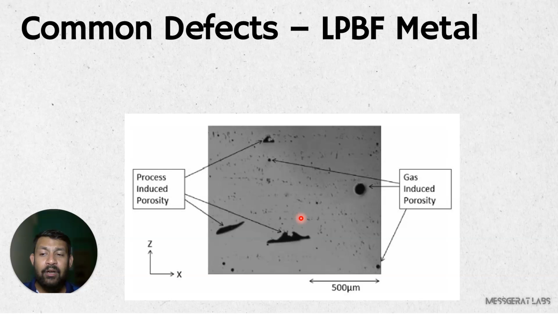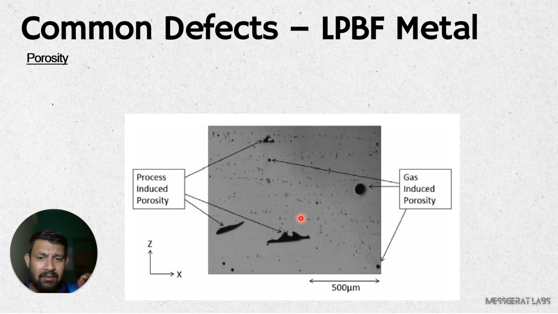Now, when we talk about LPBF of metal, again, the reason for defects here is the same: improper cooling or excessive heating or high thermal stresses, but the end effect might be completely different. So what happens in laser powder bed fusion of metal, or we can say direct metal laser sintering that we studied, is that the laser is melting the powder particles.